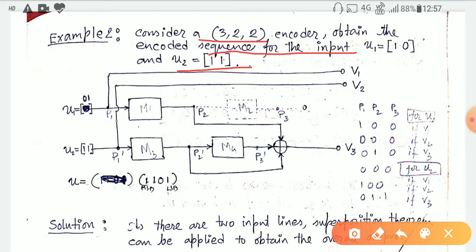So from this information we can identify that the number of inputs of the convolution code will be 2. Why?